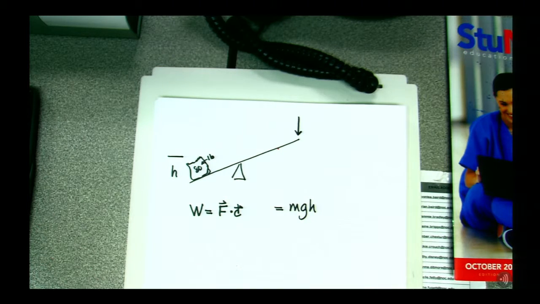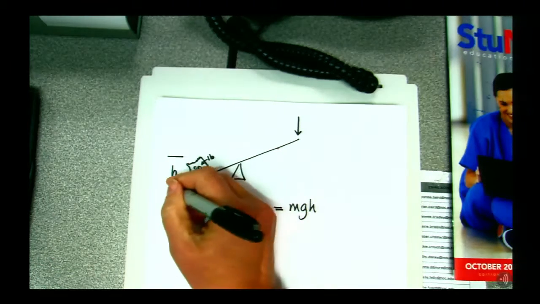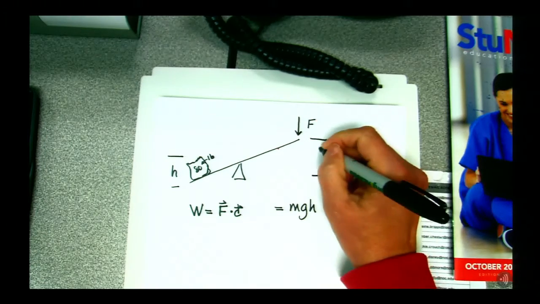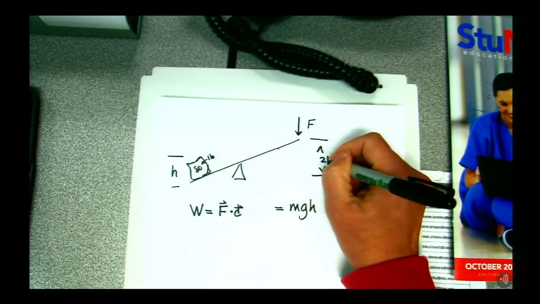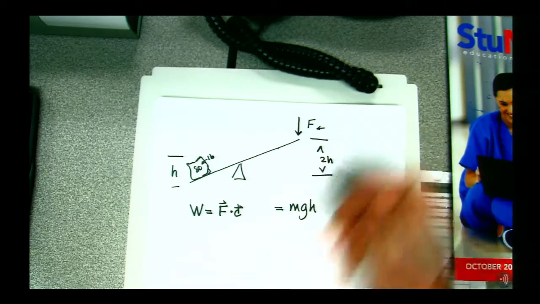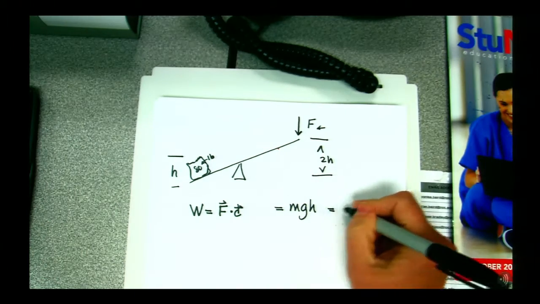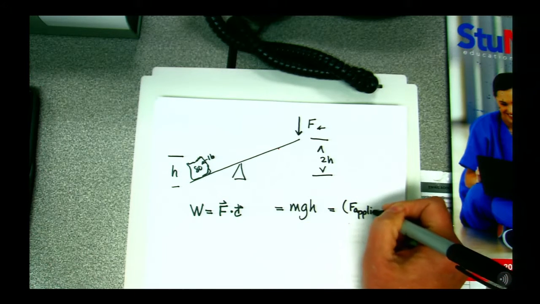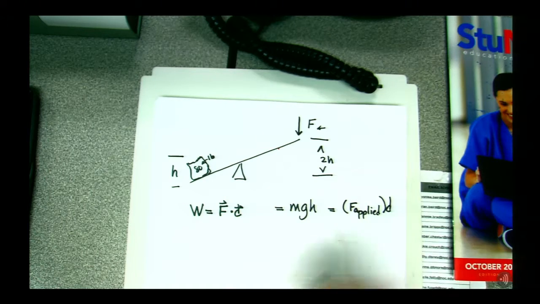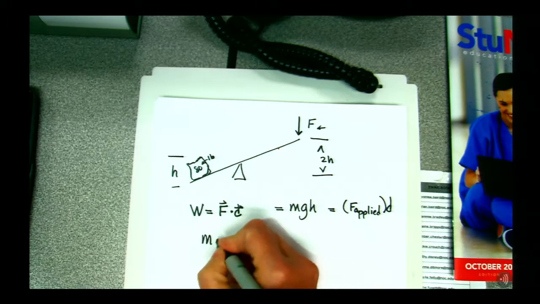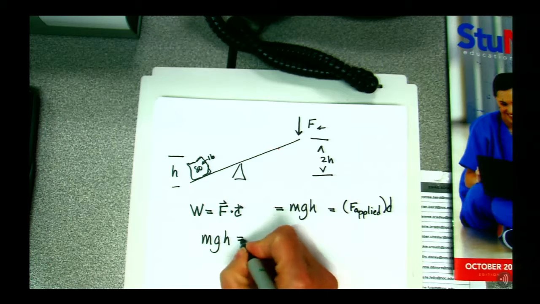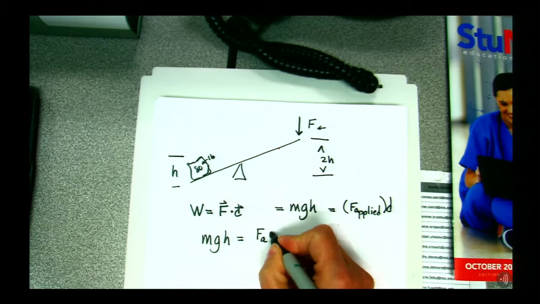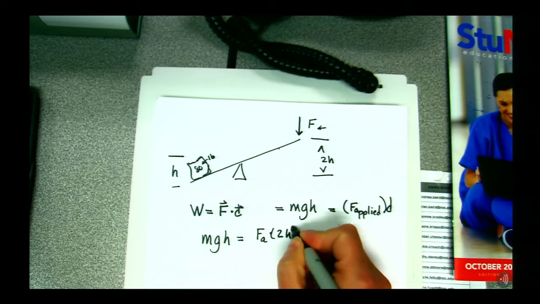We had to move the force, and if I applied a force over here, and let's say that this was 2h, my mgh was going to be my force applied times the distance, which was 2h.